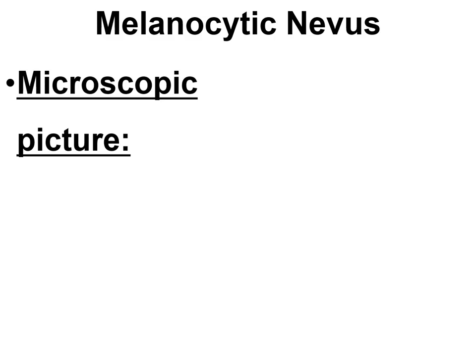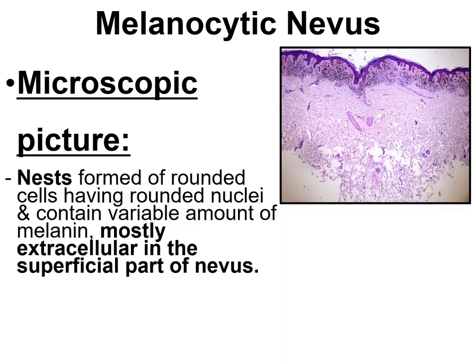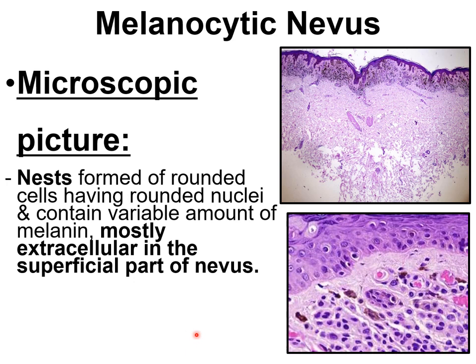We come to the microscopic picture of melanocytic nevus. Under the microscope, what can we see in a case of melanocytic nevus? The melanocytic nevus is formed of groups of cells, or nests of cells. They are formed of rounded or polyhedral cells with rounded nuclei, containing melanin, which may be intracellular or may be delivered to the outside as extracellular melanin.